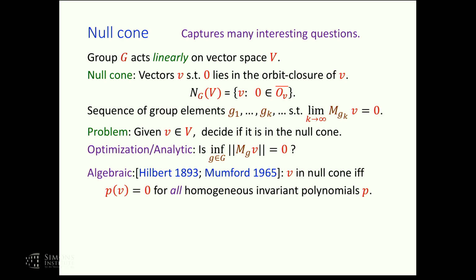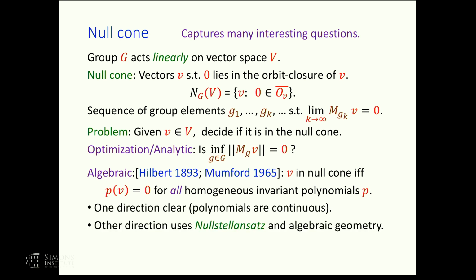And there's an algebraic equivalent condition for testing whether it's in the null cone. It turns out to be in the null cone exactly if and only if all invariant polynomials evaluate to 0 at this point. Right? And one direction is very simple, just because polynomials are continuous. The other direction requires the Hilbert-Mumford theorem and other stuff.